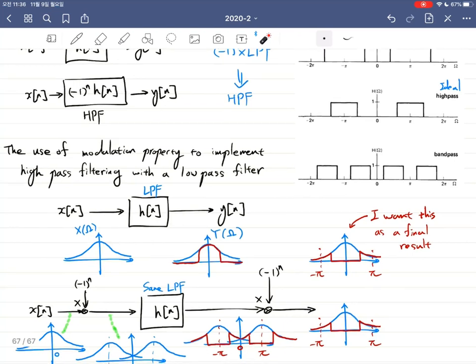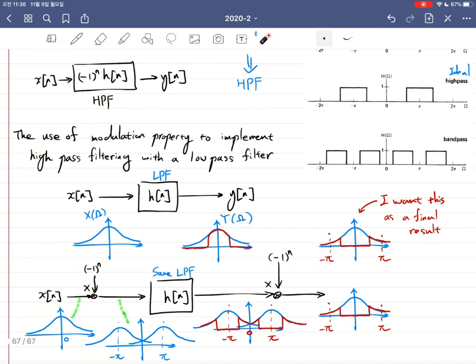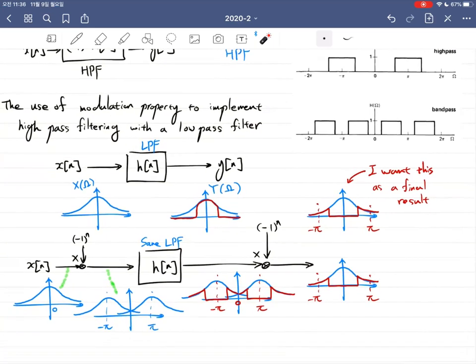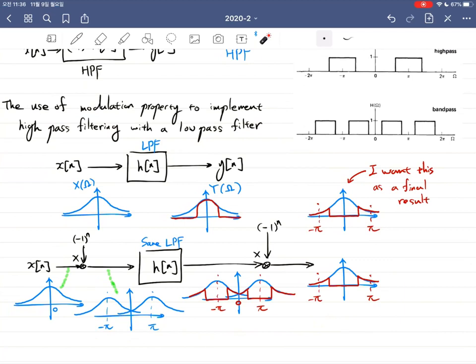We studied and put a lot of effort into designing this low pass filter, and we don't want to do that again. So we would like to use this low pass filter to have the effect of a high pass filter. That's what we were trying to do in the last seconds of the previous lecture.